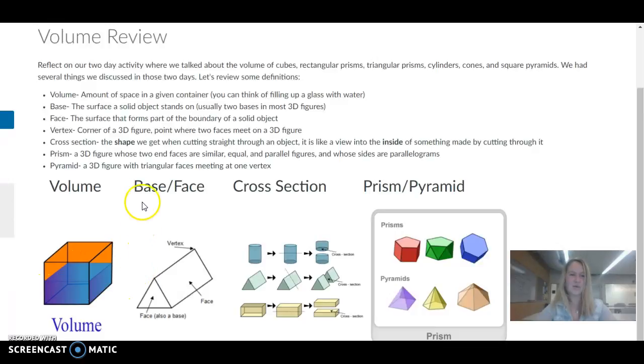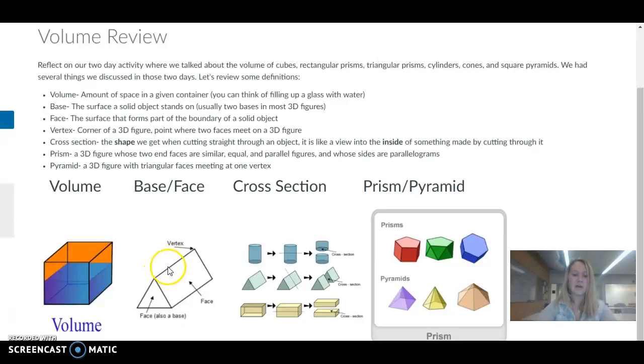So let's continue on. The face of a three-dimensional figure is the surface that forms a part of the boundary of a solid object. If we look at this triangular prism, we have a triangular face here, which coincidentally also happens to be our base.